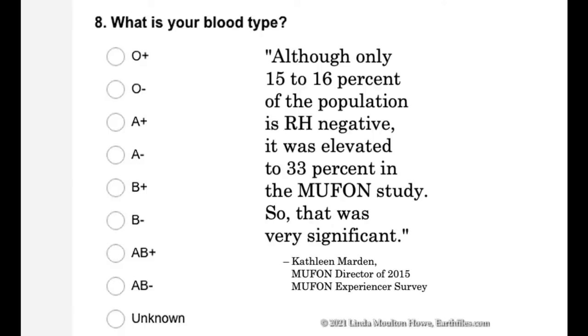Now, Kathleen said in that study, although only 15 to 16% of the population is Rh negative, it was elevated, meaning the percentage was up to 33% in the MUFON study. So that was very significant, close quote, Kathleen Martin, the 2015 director of the MUFON Experiencer Survey.